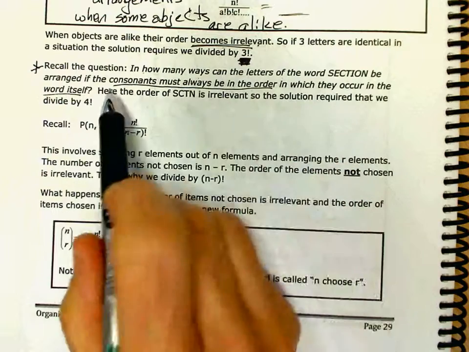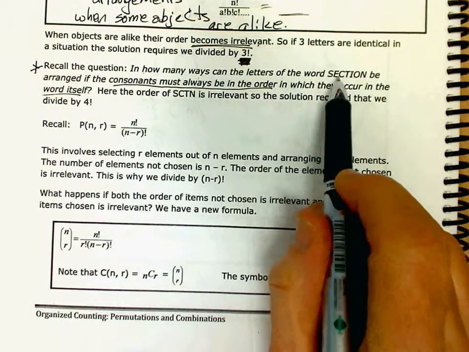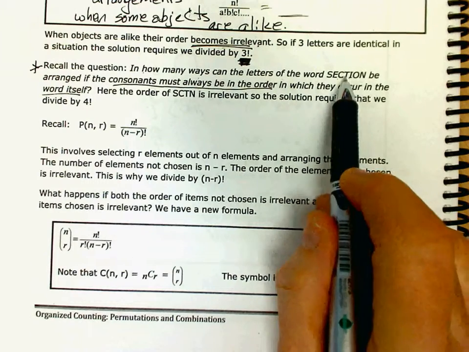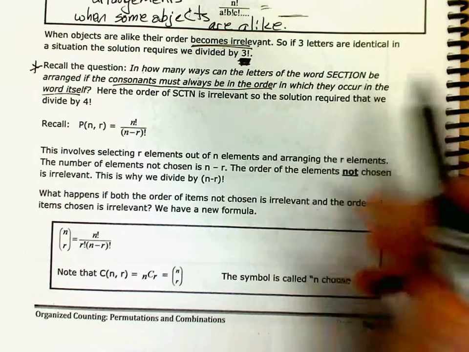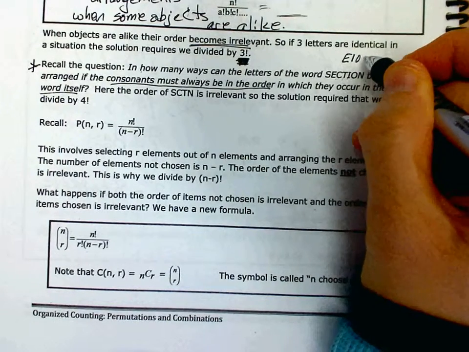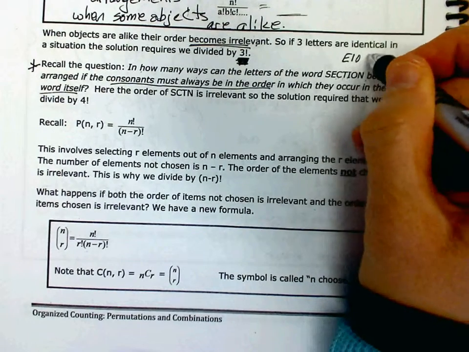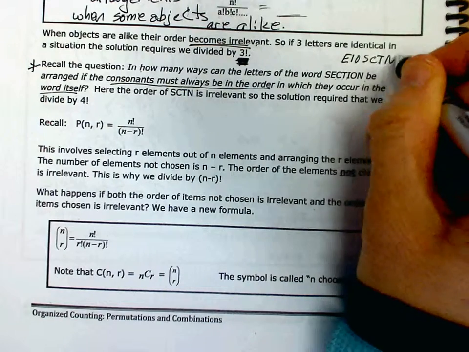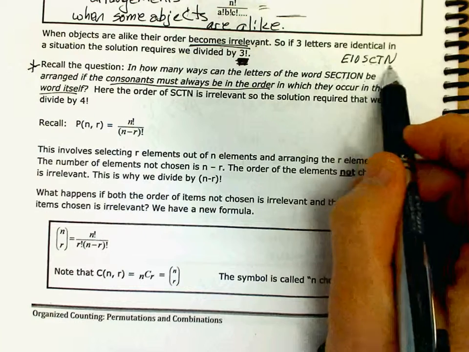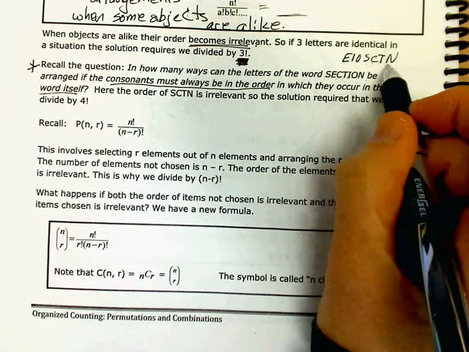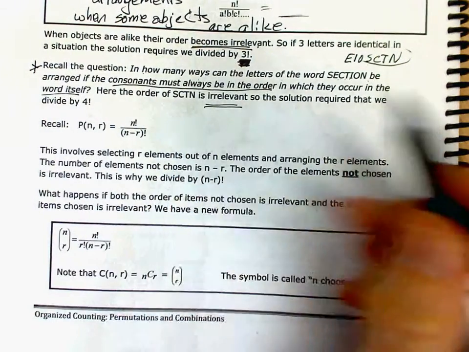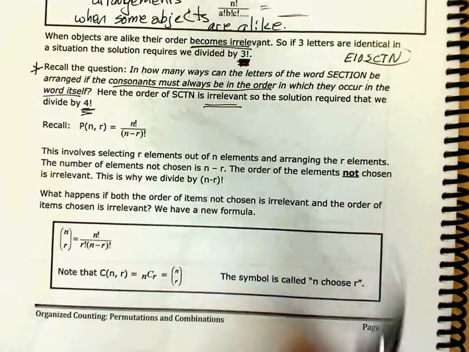So S always had to be before C, and C always had to be before T, and T had to be before N. So an arrangement like this would be okay, as long as S was before C, before T, before N. So the order of the consonants was irrelevant. So we divided by 4 factorial.